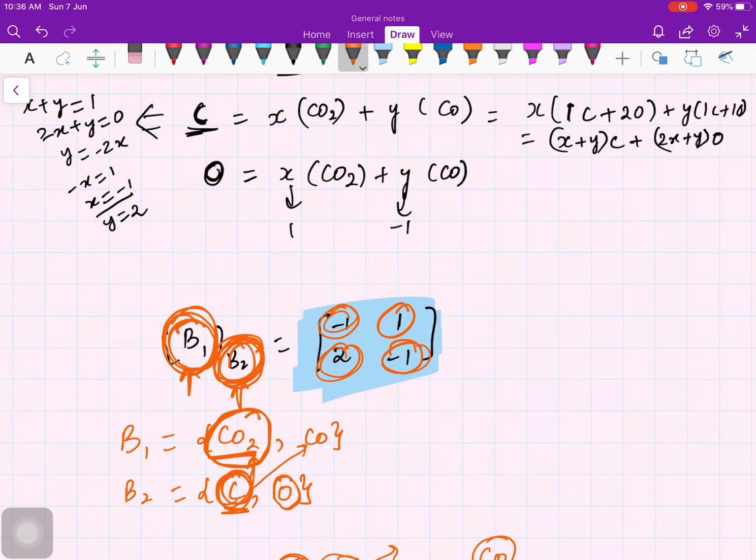So this is what the change of basis matrix interprets. It tells you how much of one basis is contained in another basis, and that containment is a subjective thing to understand. It will be different for different situations, right? For example, in this situation we are talking about how much carbon monoxide and carbon dioxide is contained in carbon and oxygen and otherwise. If you change the example, that containment will also change.